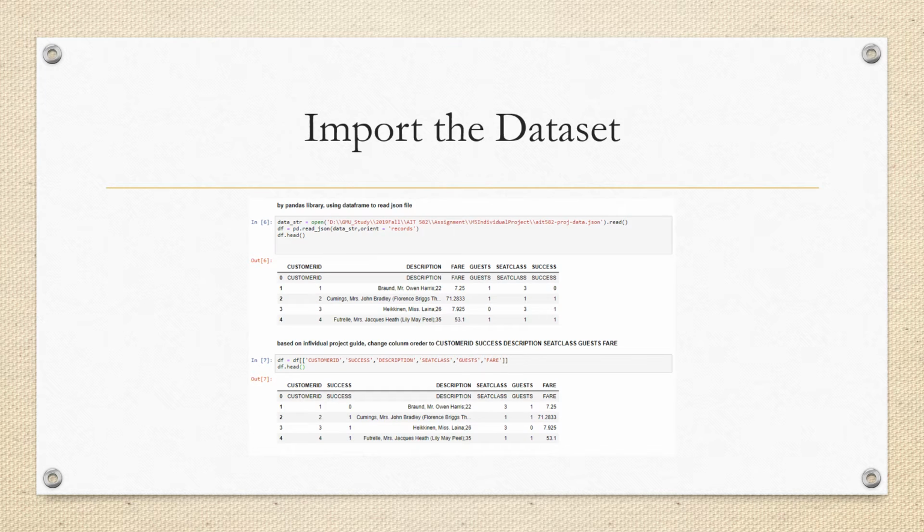In the beginning, we import the dataset, which is downloaded from Blackboard, and we use the pandas library to import the JSON file, and then we check the attribute order. I want to follow the project guide, so I change the column order to customer ID, success, description, seat class, guests, and fare.